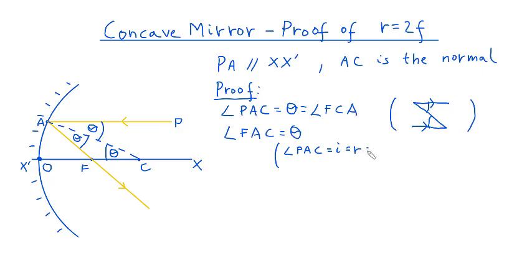But the angle of reflection here is just angle FAC. Which implies that FAC is theta. Okay, because we said at the beginning that angle PAC is what we are calling theta.